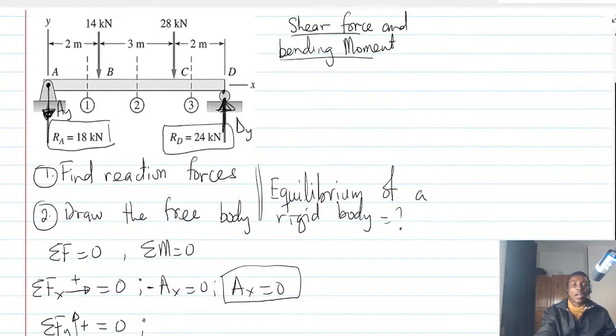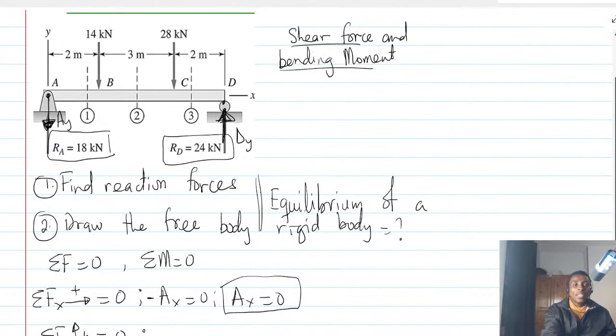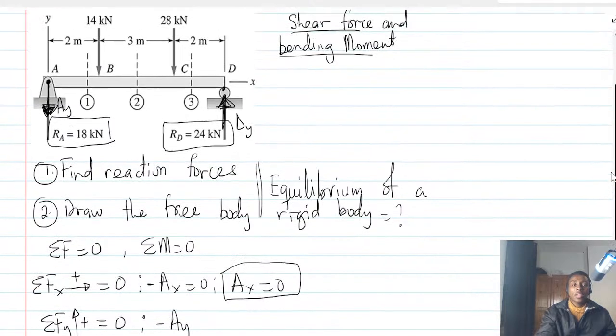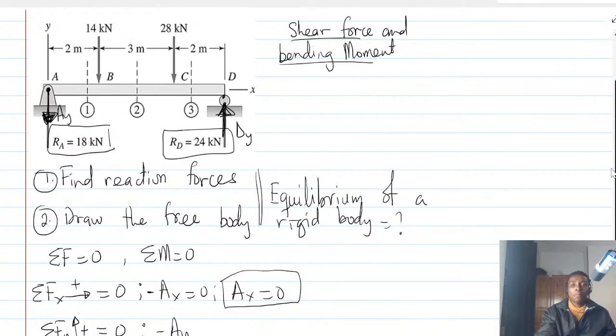We said that AY is coming down, so it will be negative. So minus AY minus 14 kilonewton minus 28 plus dy equals 0.